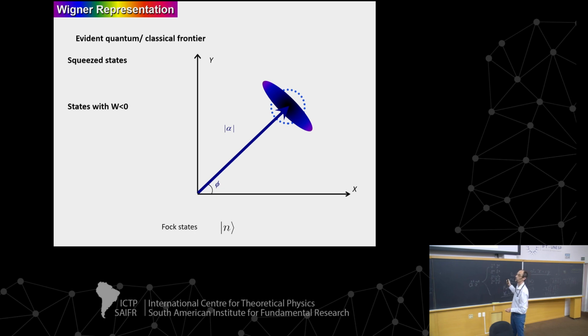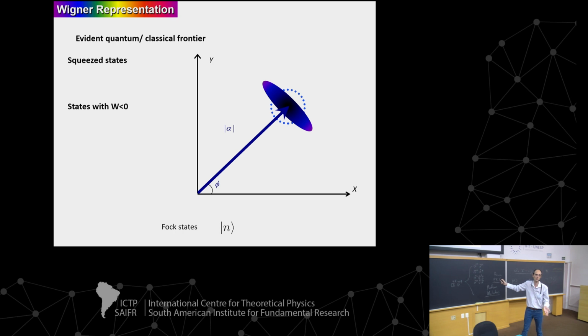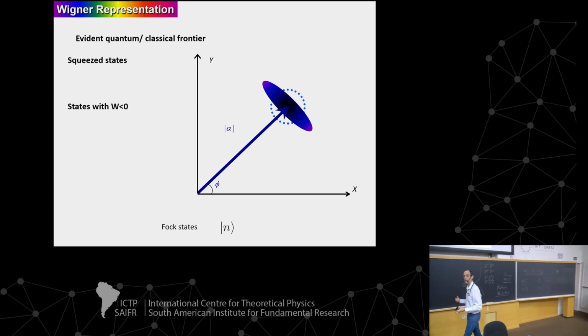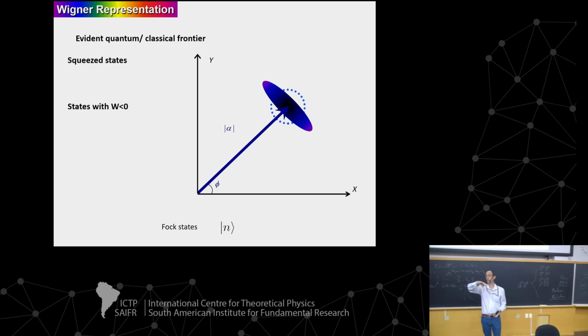So you measure this quadrature and see the shadow of this quasi-probability distribution, and you get a real probability distribution. Then you turn. You do that with homodyne detection, right? Exactly. So you measure quadratures, and what you get are those shadows, those marginal distributions.